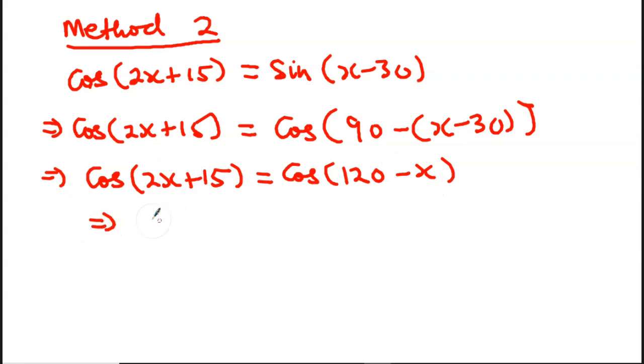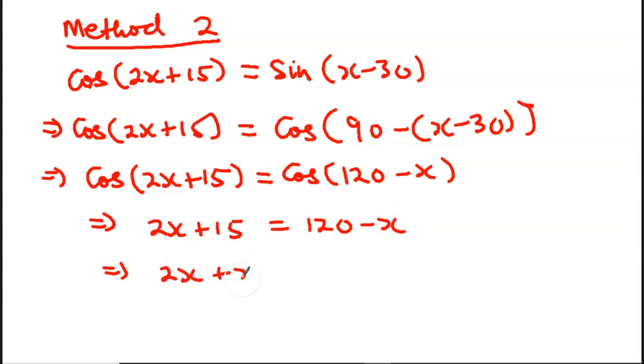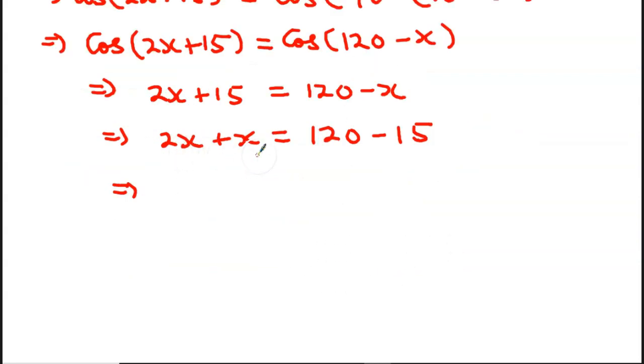This implies that 2x plus 15 is equal to 120 minus x. Let's group the like terms: 2x plus x will be 120 minus 15. So 2x plus x is 3x, which is equal to 105 degrees.